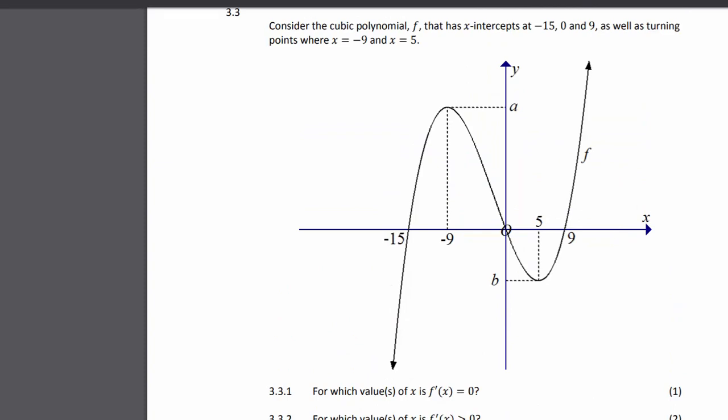If I draw it here, it cuts 3 times: 1, 2, 3. As I get to the turning point, it will cut twice, so that's not going to work. But any line higher than this turning point will cut only once. Same with the other turning point: any line lower than that turning point will cut once.